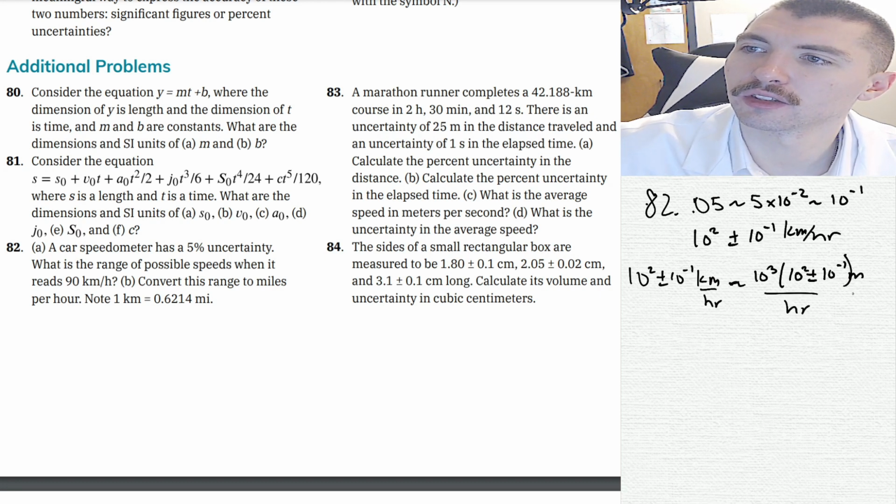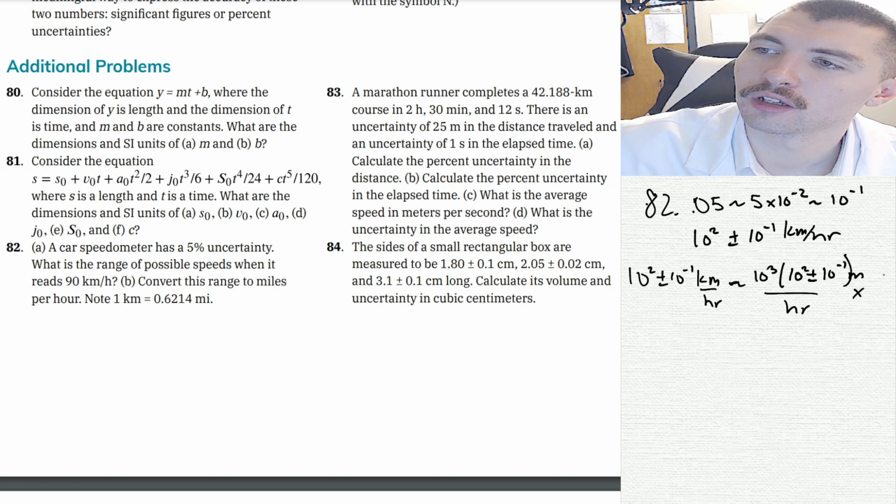So we want to take this times how many meters are in a mile?